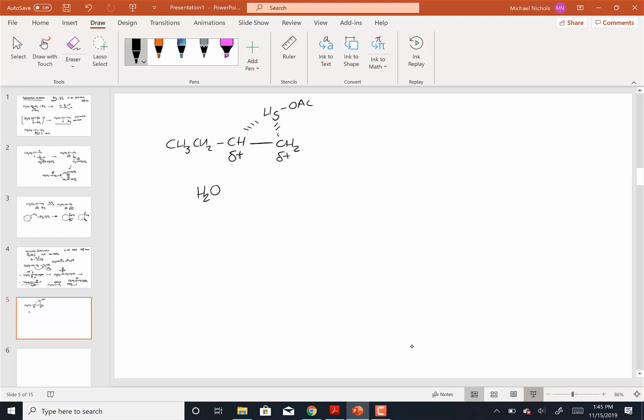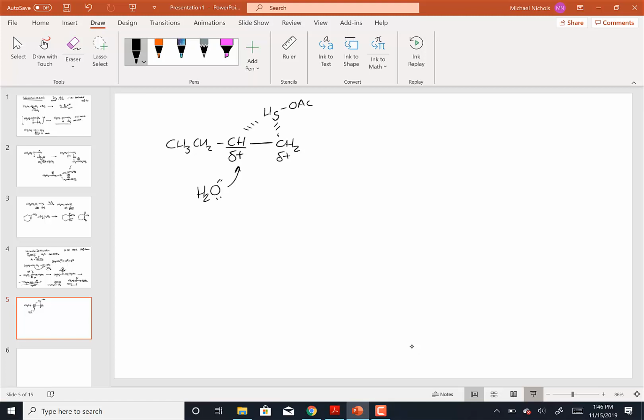What happens next is the water comes in and it's going to add to one of those two carbons. We know which carbon it's going to add to, right? It's going to add to this one. Why? Because that's the final product we got. But when it adds, it has to add from underneath where the mercury was.